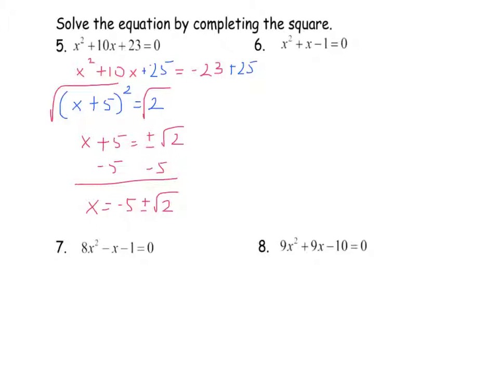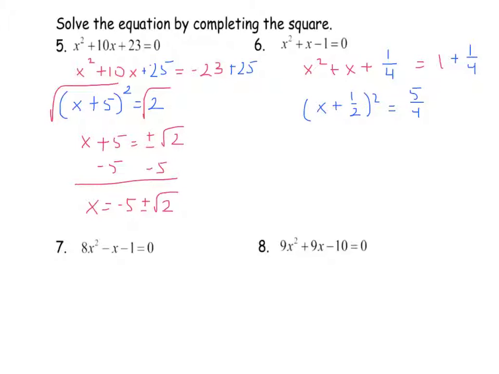On question number 6, again I move my number to the other side first. So x squared plus x plus that blank will give me 1. Then half of x is 1/2 x. If I square that, I'm going to add 1/4 to both sides. So as a perfect square binomial, x plus 1/2 to the second will equal 5 over 4.